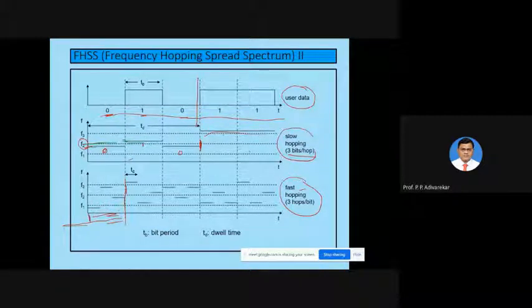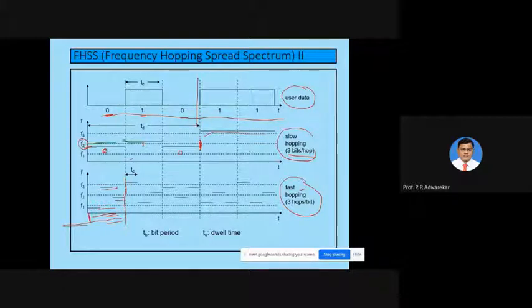Initially it stays on F1. Since it is 0, a frequency slightly lower than F1 is used, and then it hops to F3. Again, a frequency slightly lower than F3 is used, and then it jumps to F2.